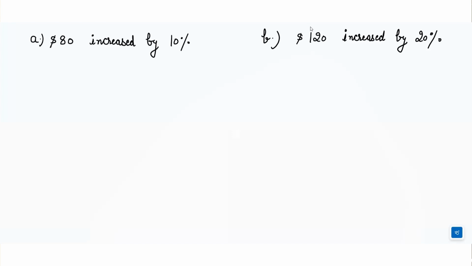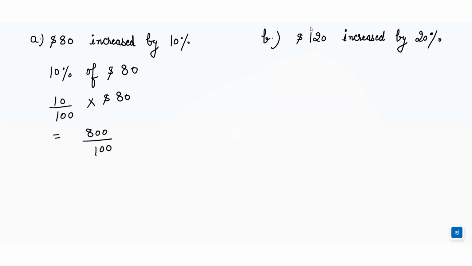For that, first we have to calculate what is 10% of $80. So 10% of $80. That means 10 by 100. 10% can be written as 10 by 100. Of means multiply, and then $80. That will be equal to 800 over 100.